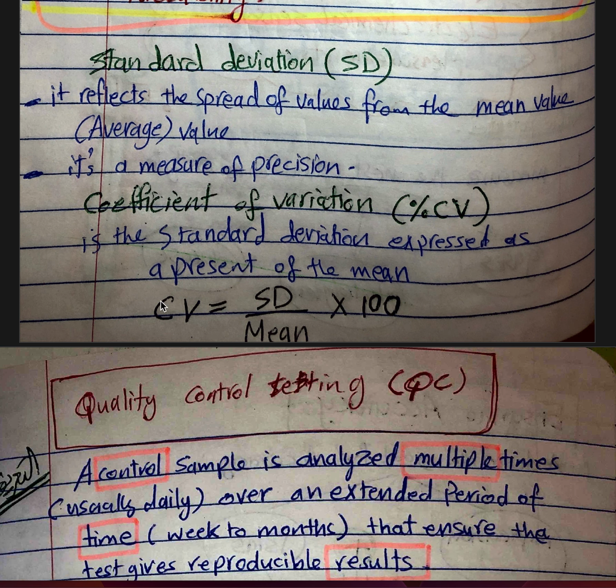So the coefficient of variation equals the standard deviation divided by the mean, multiplied by 100. So it's a percentage. The coefficient of variation equals the standard deviation divided by the mean multiplied by 100.